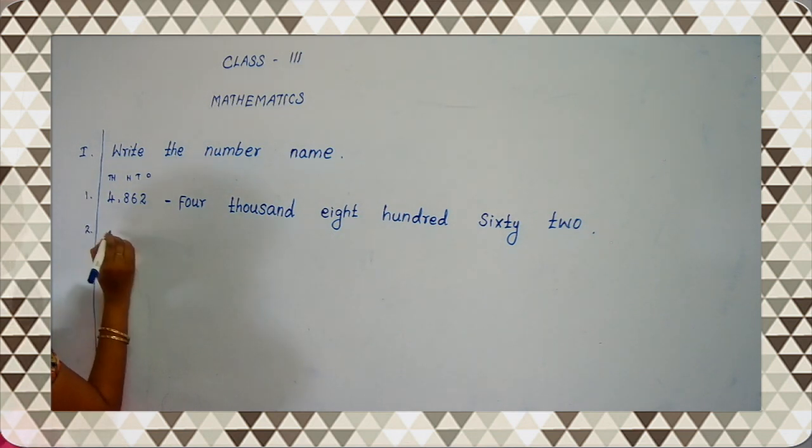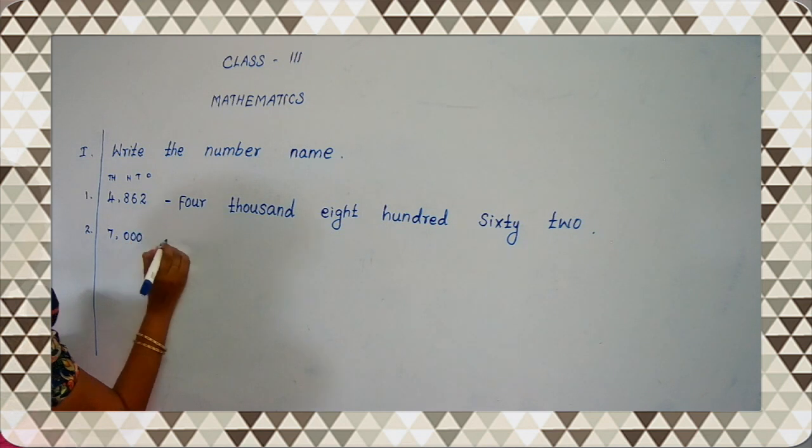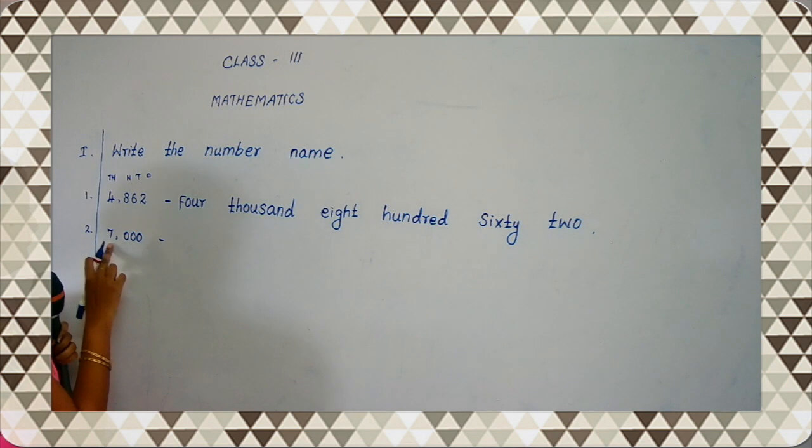The second one, what is this number? 7 with 330 means, how do you read this one? 7000. Yes, ones place is 0, tens place is 0, hundreds place also is 0. So only the thousands place has a value.